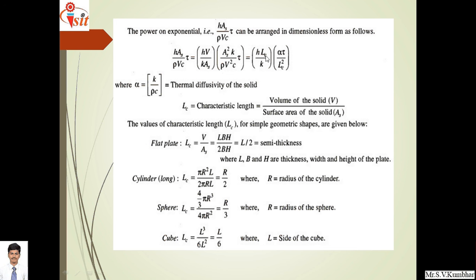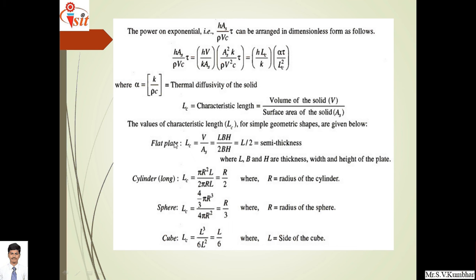This can be simplified as hLc/k into alpha tau/Lc², where alpha is known as the thermal diffusivity of the solid. We saw this term in the first unit, and Lc is the characteristic length that we already studied. It is the ratio of volume of solid to surface area of solid.